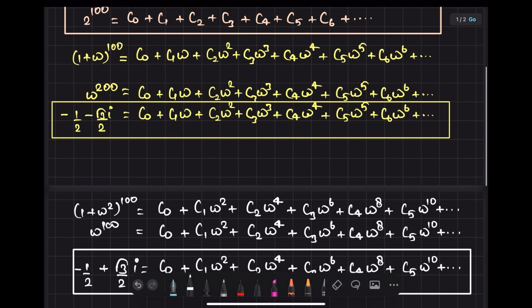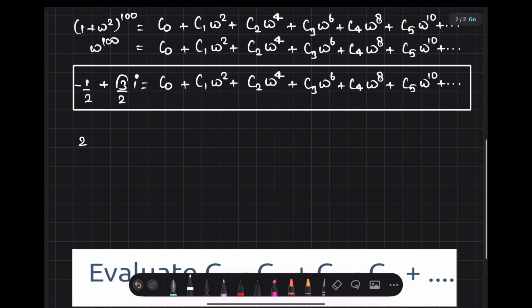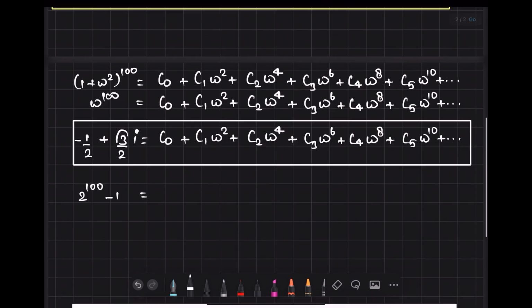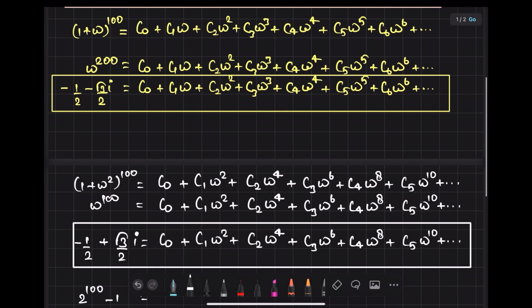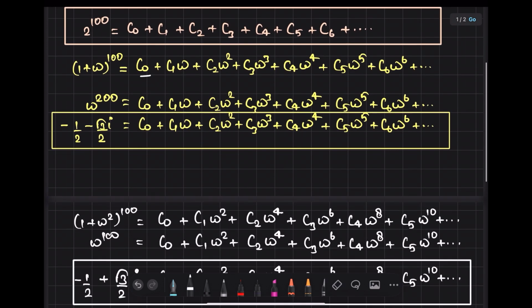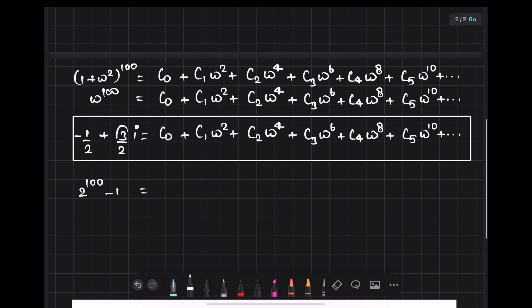Okay, so it is 2 power 100 minus 1 is equal to, now look at this, you have C0 plus C0 plus C0. So can I say that it is 3 times C0?